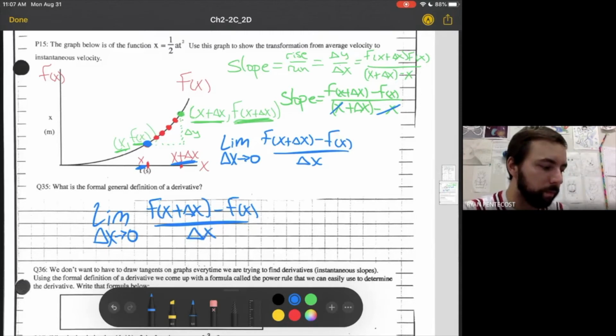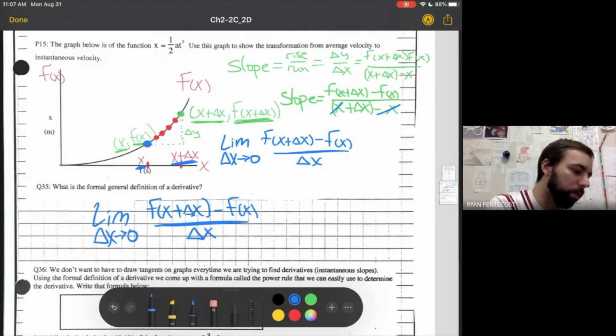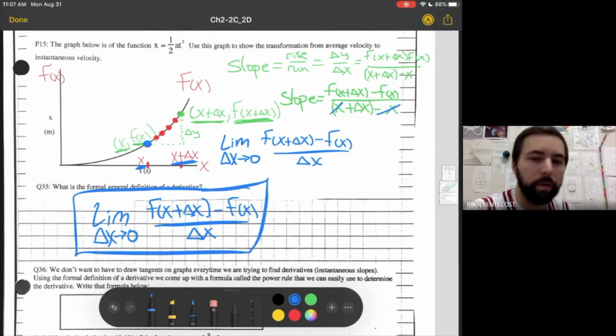And that is our formal definition. So that is one way that you can find the derivative of any function if you are able to get those values, and if you're a fan of limits. If you're not a fan of limits, then I've got a surprise for you.